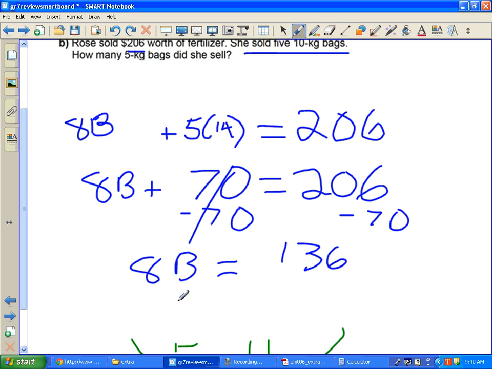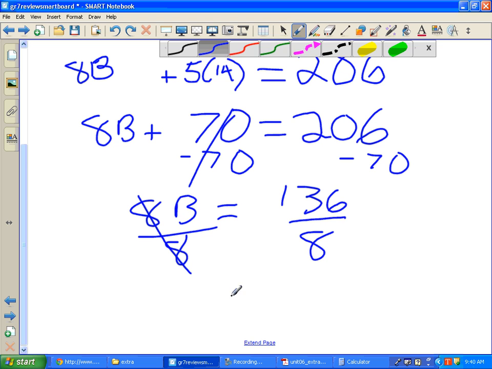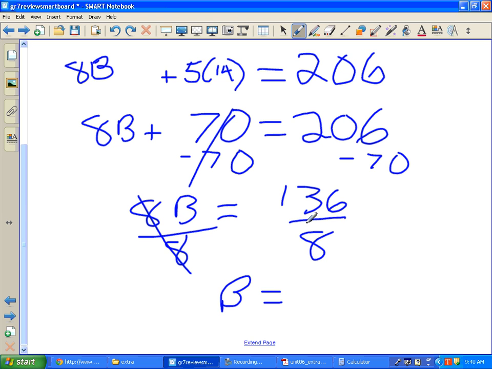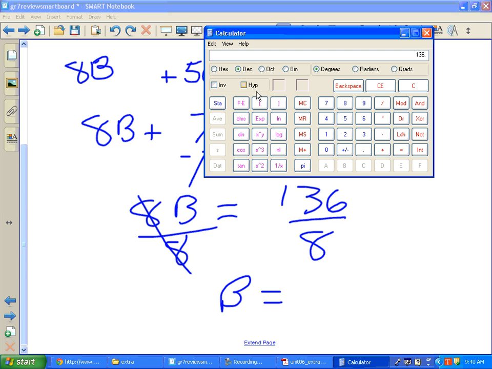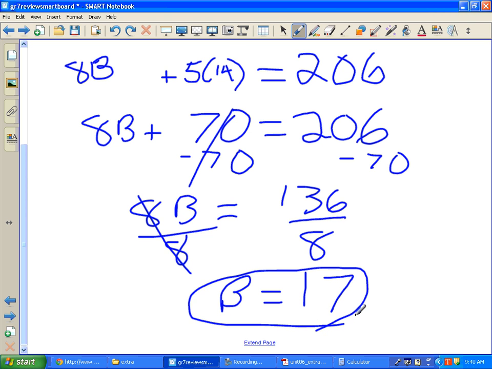And the only thing I have left to do now is divide each side by 8 because I want B all by himself. And the answer to B will be 136 divided by 8, which is 17. So there will be 17 of those 5-kilogram bags.